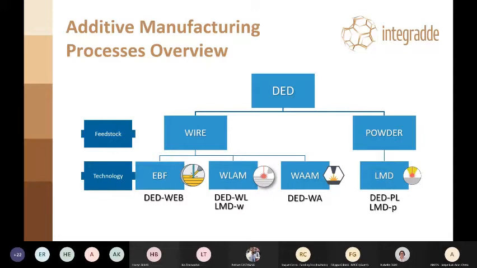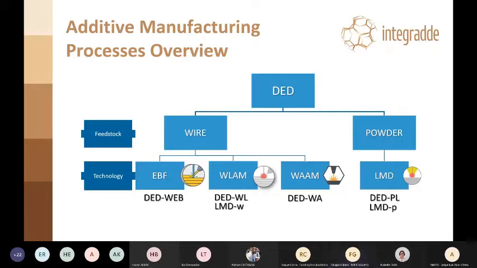And regarding powder, you can have direct energy deposition using powder applied by laser. The general nomenclature that is used is DED, followed by the initial of the feedstock, wire or powder, and then the applied energy source, electron beam, laser, or wire arc.